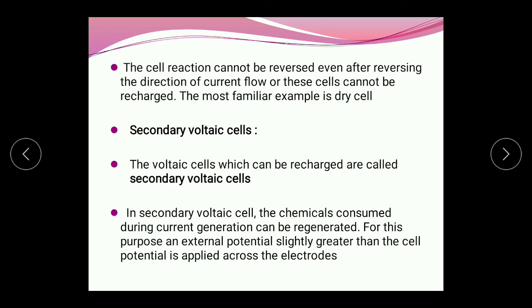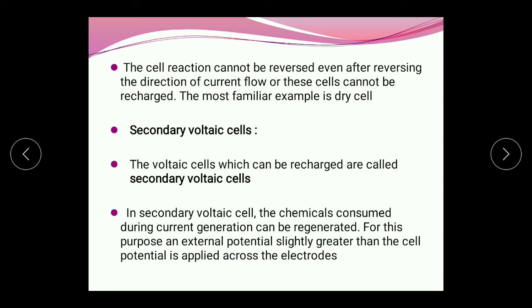In these cells, the chemicals consumed during current generation are regenerated. For that purpose, an external potential slightly greater than the cell potential is applied across the electrodes.